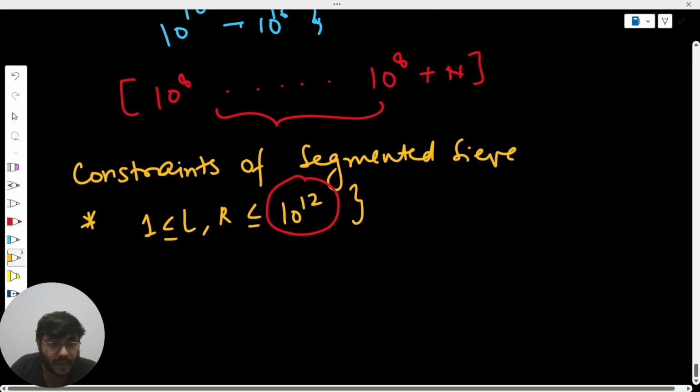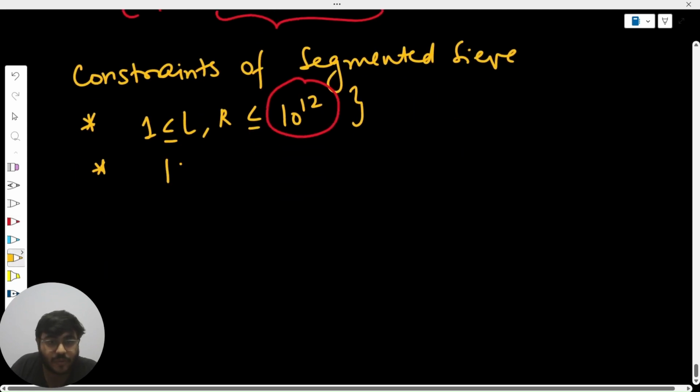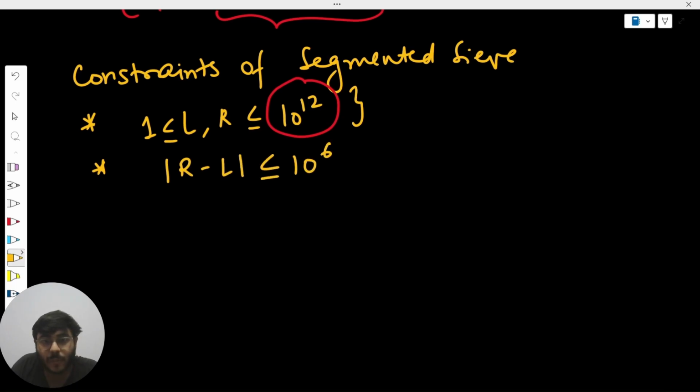What's the second limitation? The difference between these values, R minus L, should be less than or equal to 10 to the power of 6. Now you see the major limitation of this segmented sieve. You can deal with large numbers, but the range of numbers you deal with is still stuck within 10 to the power of 6.